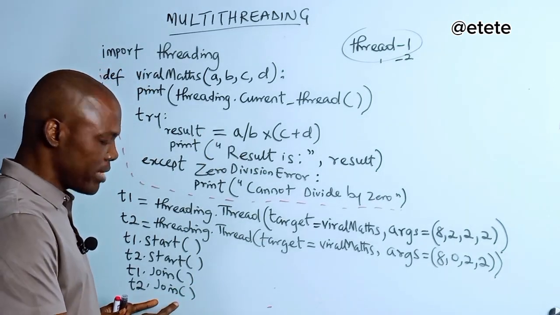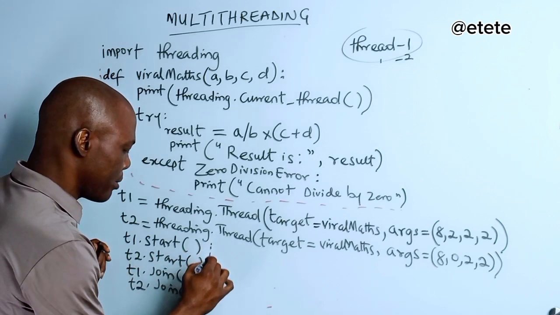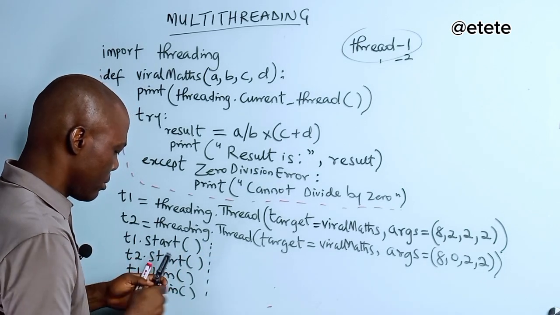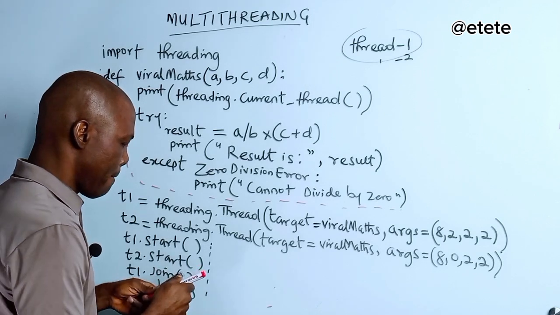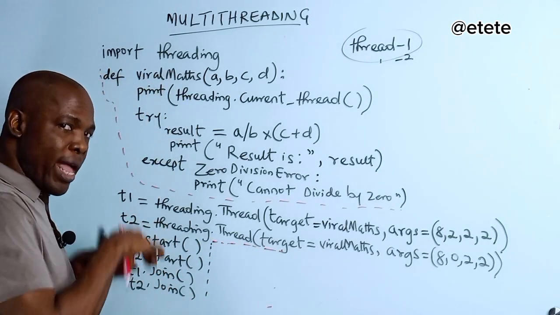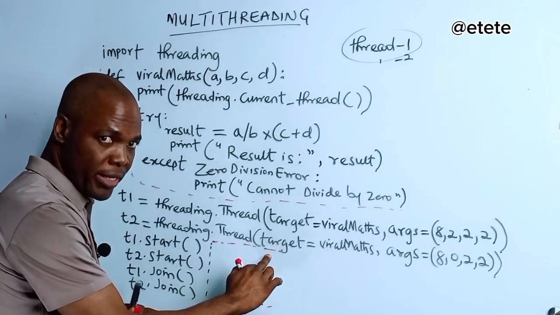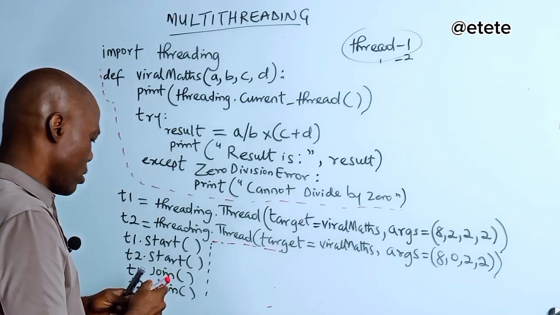Now, I don't think you are still seeing it. So what I will do is I will come here. What should be under this thread 2 is what I want to write here. So don't get confused.